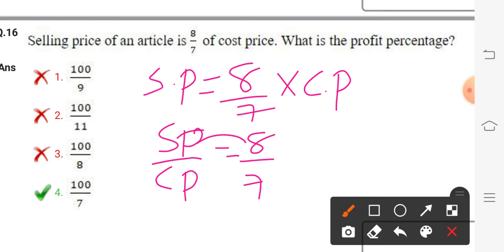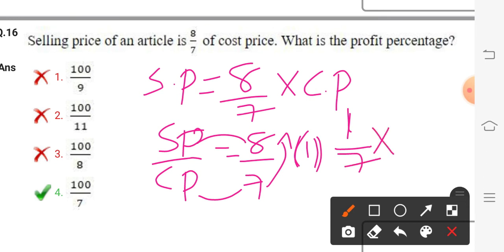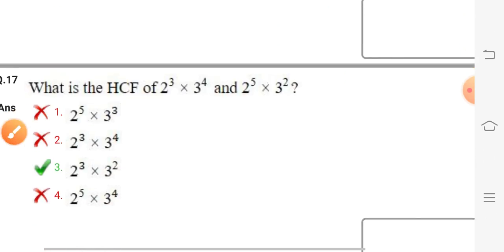Selling price is 8, cost price is 7. Selling price increased by 1 unit. So profit is 1. Profit percentage is asked here. So 1 by cost price, which is 7, into percentage, so into 100. 100 by 7. Fourth option is correct.